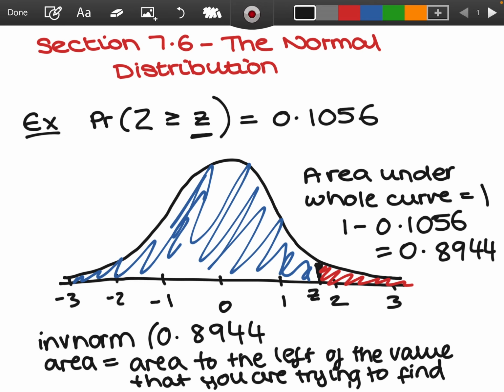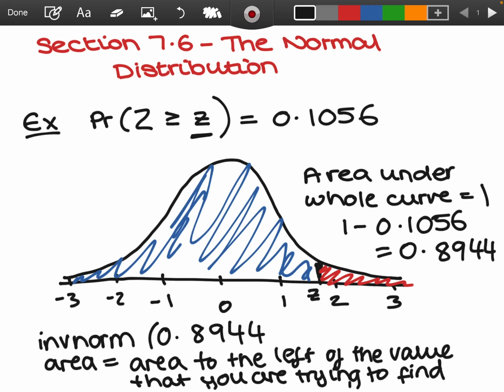So that is the area that I would plug in to inverse norm. In order for your calculator to figure out what that value is, you always plug in the area to the left of the value that you are trying to find. It's always the area to the left.